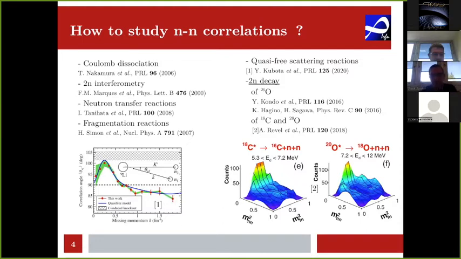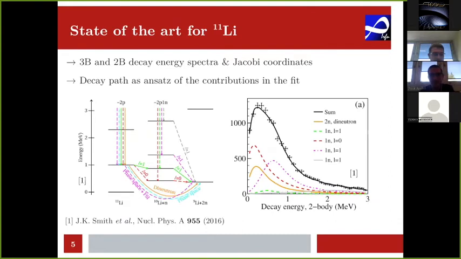So as far as the 2-neutron decay of lithium-11 is concerned, I will compare the study I will present now to this previous work by Smith et al. from 2016, where they studied the decay of lithium-11 using the 3-body and 2-body decay energy spectra and the Jacobi coordinates. All these quantities I will explain a bit later.